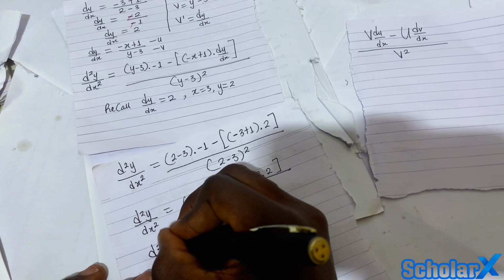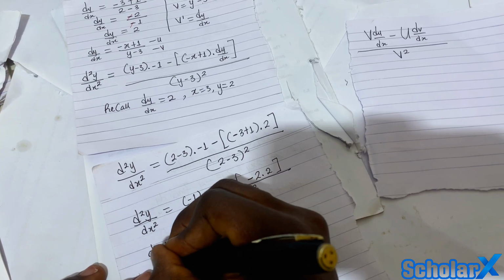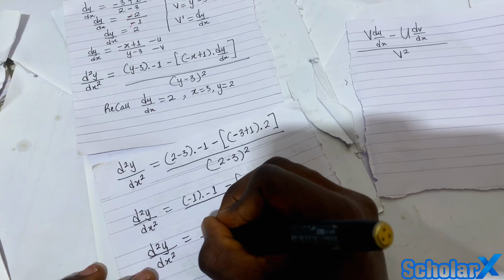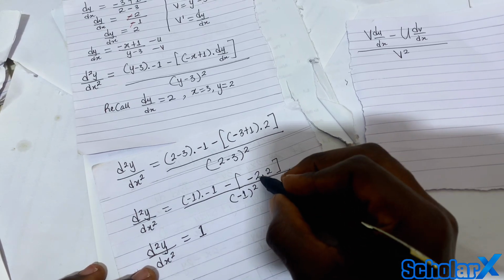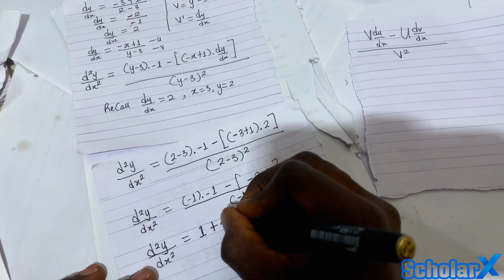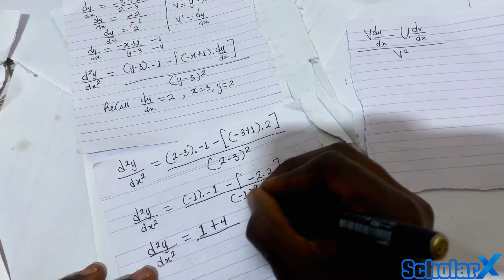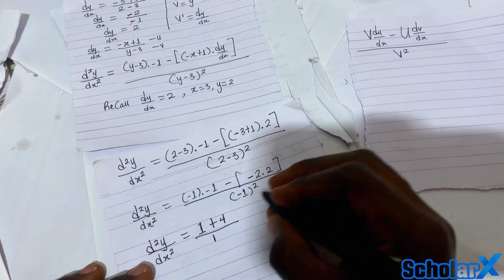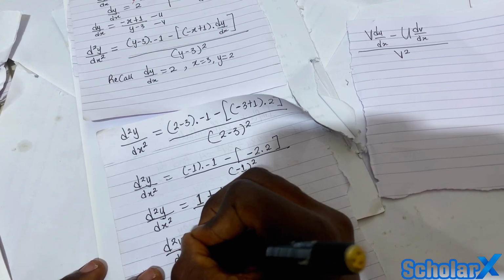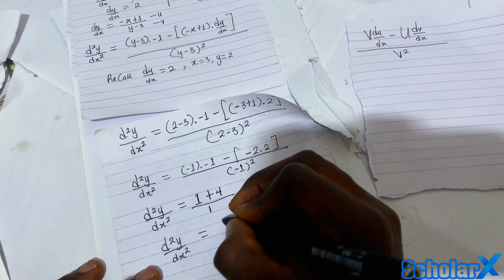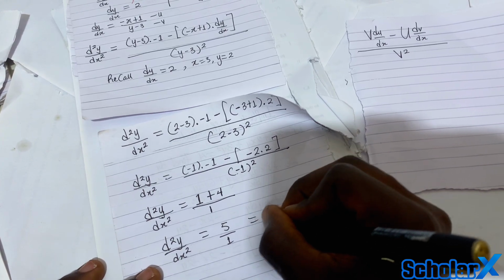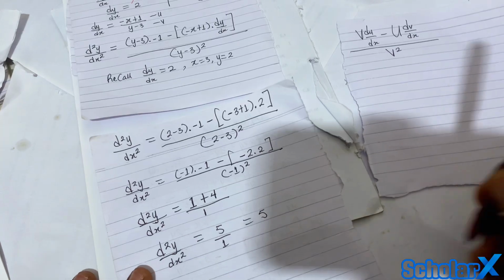So d squared y over dx squared is going to be equal to minus 1 times minus 1 gives us plus 1. Now minus 2 times 2 gives us minus 4, times this minus, that gives us plus 4. All right, over minus 1 squared gives us 1. So d squared y over dx squared is going to be equal to 1 plus 4, that gives us 5, divided by 1, of course, is going to give us 5. So 5 is our final answer.